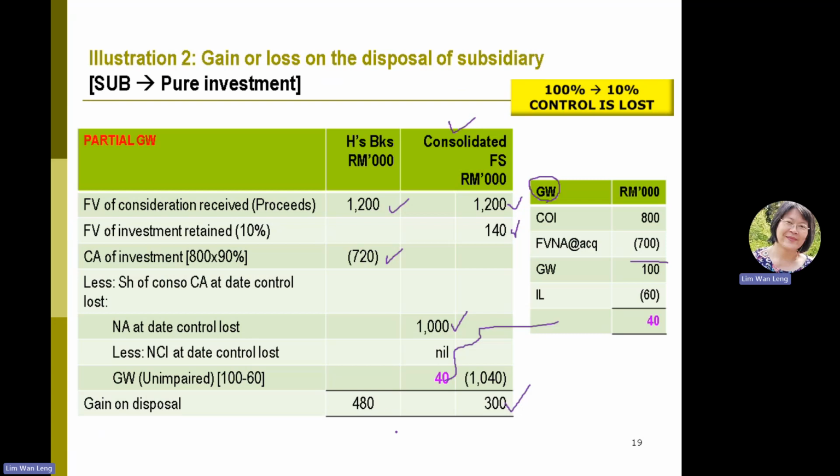You compare, and you're going to get a gain on disposal. Remember, because this appears in the books of the holdings, you do not need to reflect it at the consol. At the consol, the 300 will be taken into account in the consol SOPL.